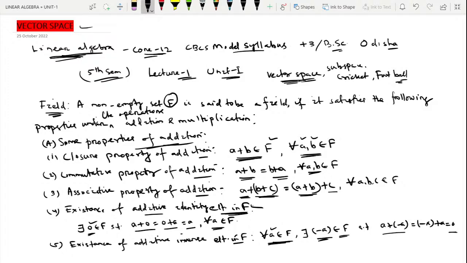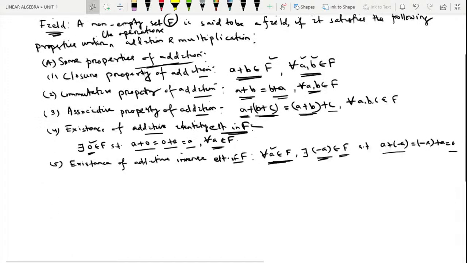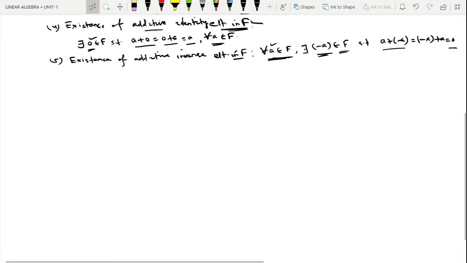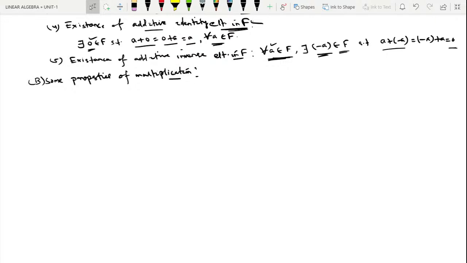Similarly, we will take some properties of multiplication. First property, the closure property of multiplication.